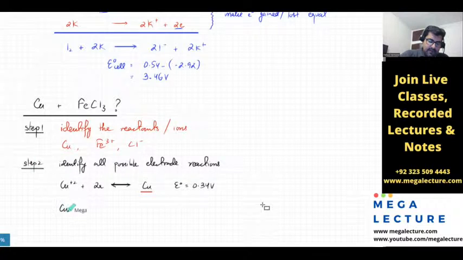So you've got copper plus 1, and it's in equilibrium with copper. So there are 2 possibilities, and I'll check the E naught for this.